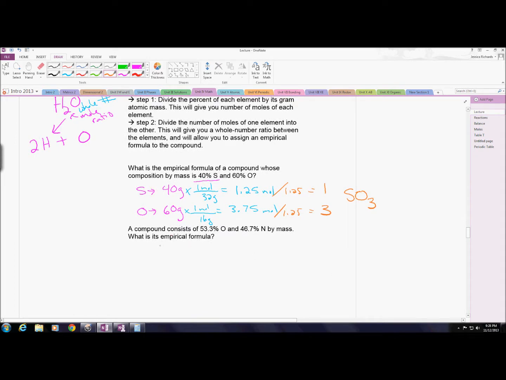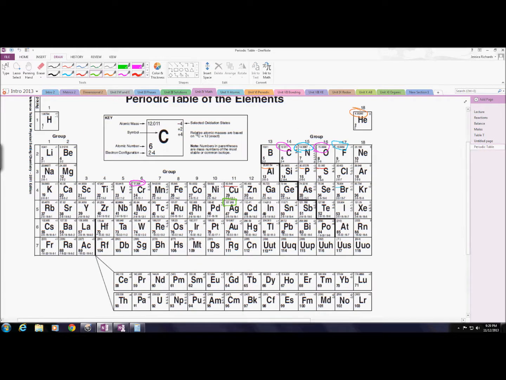If I have a compound where oxygen is 53.3%, we're going to pretend it's 53.3 grams, and nitrogen is 46.7%, so we're going to pretend that's 46.7 grams. We use the periodic table. Oxygen is 16. Right next to oxygen is nitrogen at 14.